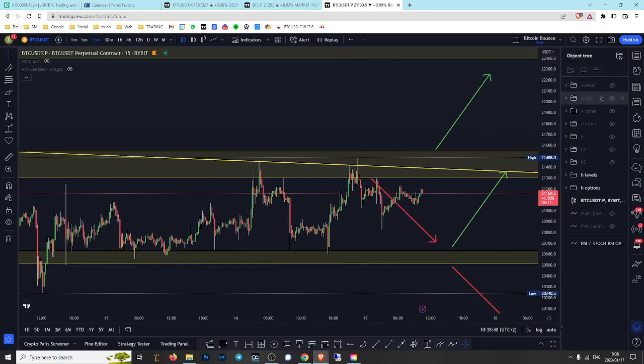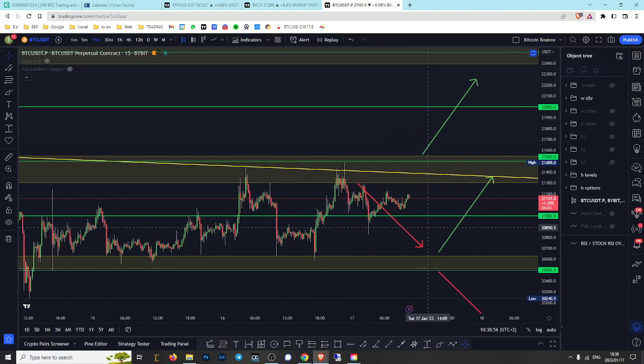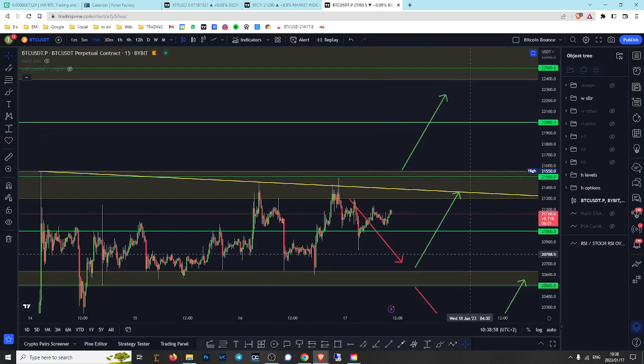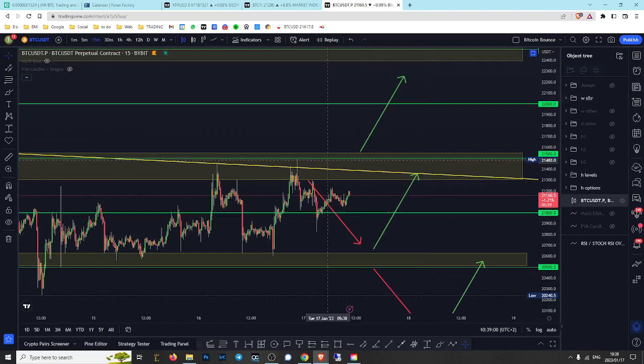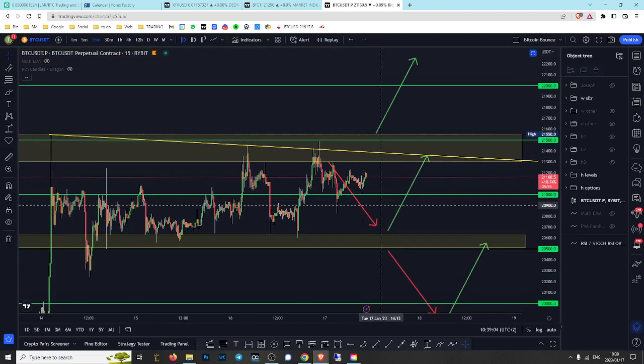But it did play out that the 21,000 ended up being support and flipped that trade back to the top side. So one would need a convincing drop below this 21 to actually get in a longer term short, I think.